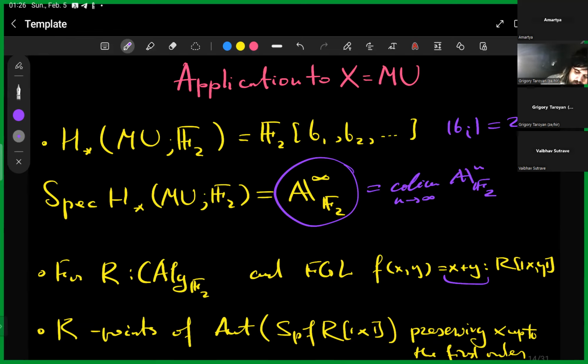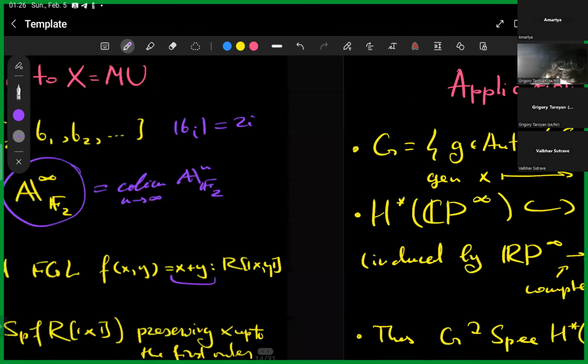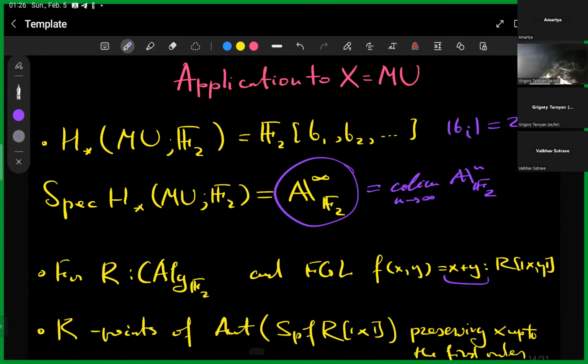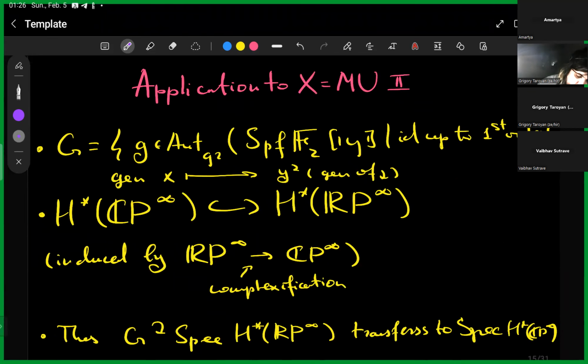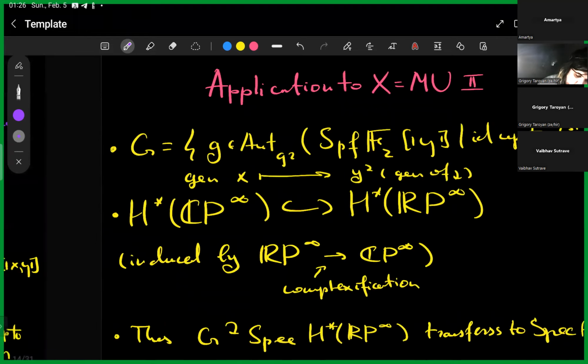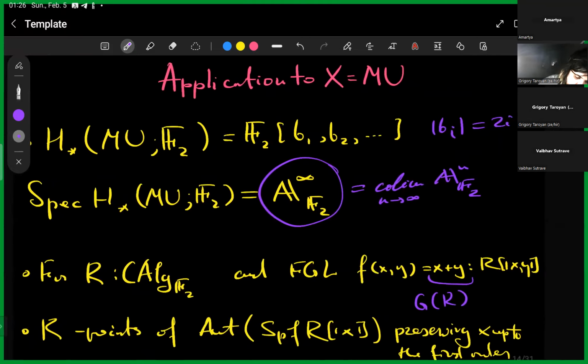Then the points of the automorphism group of this formal group scheme preserving x up to the first order are precisely elements of our group of R points of G, but that was just said earlier.